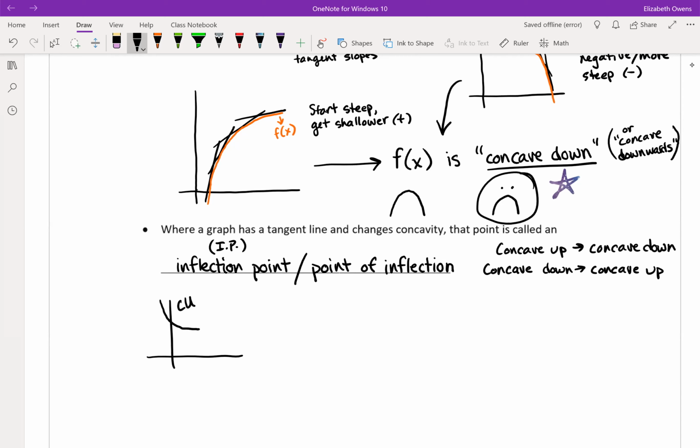And then at some point in here, we are going to transition to a shape that is concave down. Okay, so let's label these real clearly here. Concave up. This is concave down type of shape. And so this point right in the middle where it switches from up to down, that is an inflection point.